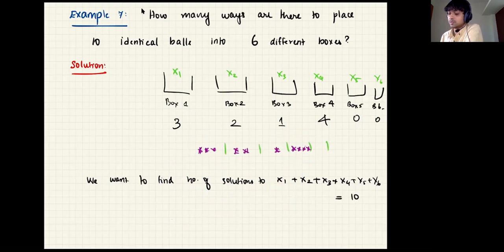This is the previous arrangement. So it's like I have to count the number of such strings, and we have seen how to do that. There are 5 bars and 10 stars, and then I have to choose 5 positions for the bars. So the answer will be 15C5.